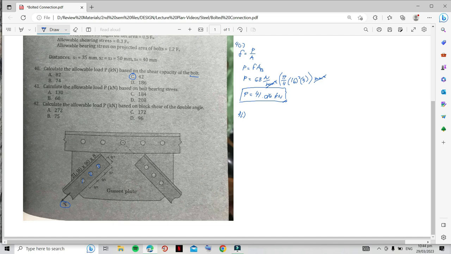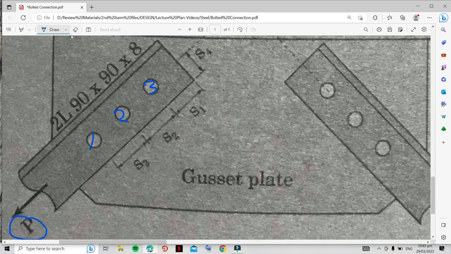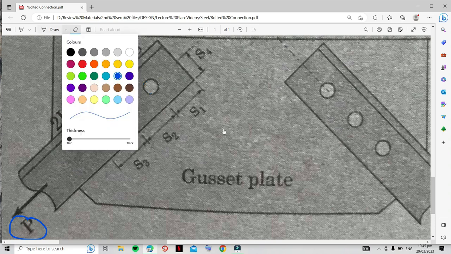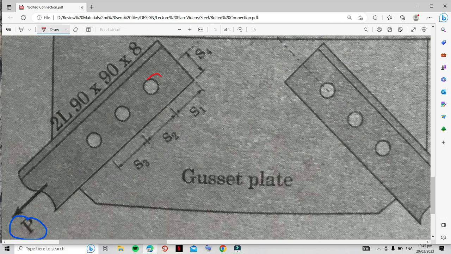Okay, next, calculate the allowable load P based on bolt bearing stress. Another way of failure is the bolt bearing stress. Basically, what will happen is the bolt hole will elongate over the force P. That is what we call the bearing failure.